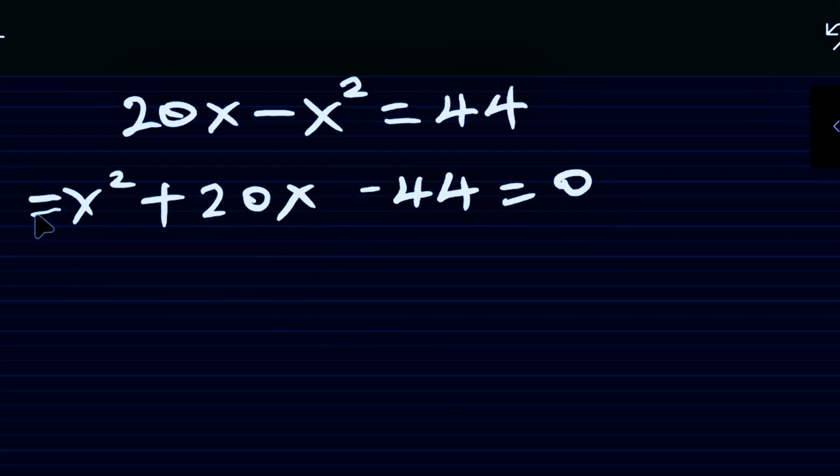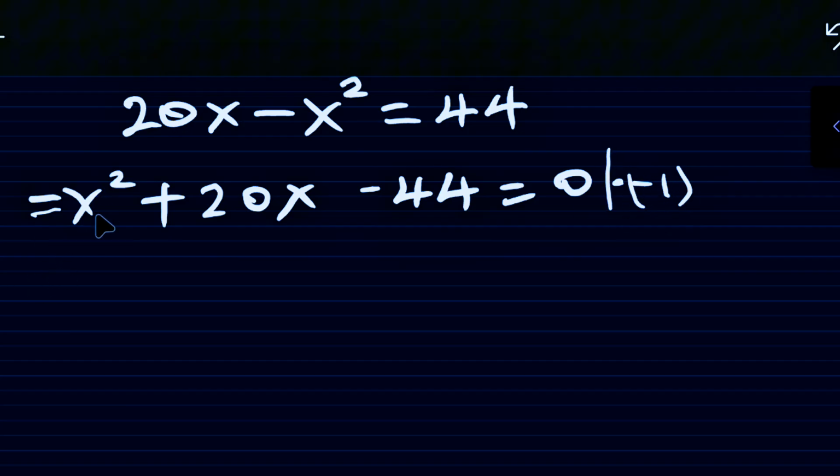Now from here you can see that we have negative x squared, and this negative is not supposed to be here, so we can remove that by multiplying through by minus 1.